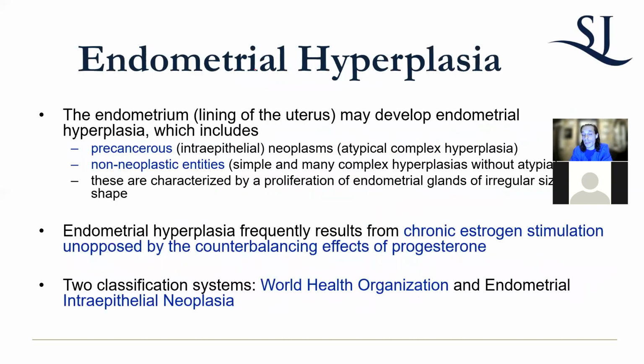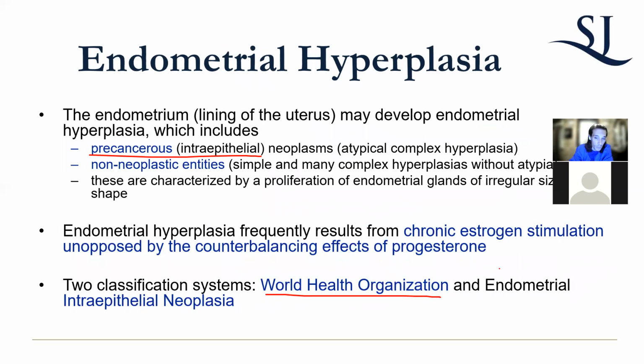When you're talking about endometrial hyperplasia, it's when you have unopposed estrogen to the point where the endometrium itself begins to undergo some sort of atypical change. You can have precancerous changes. It depends on the classification system.